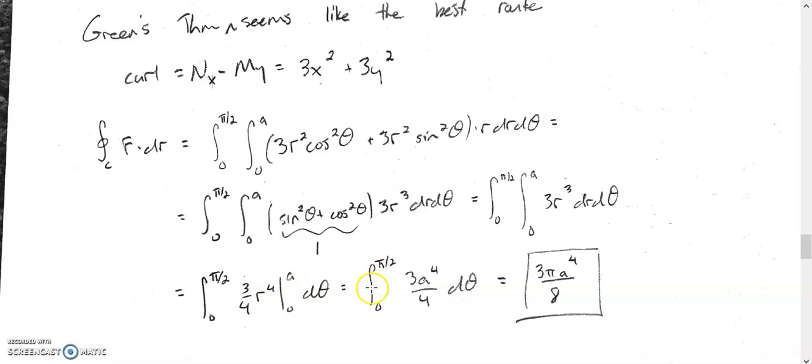The 0 is convenient, so it just gives me 3a to the 4th over 4. Then the outer integral from 0 to pi over 2 is simple: it's this times theta evaluated from 0 to pi over 2, so the pi over 2 just gets multiplied by this piece, and I get 3 pi a to the 4th over 8.